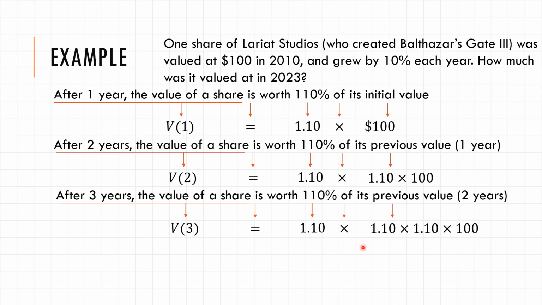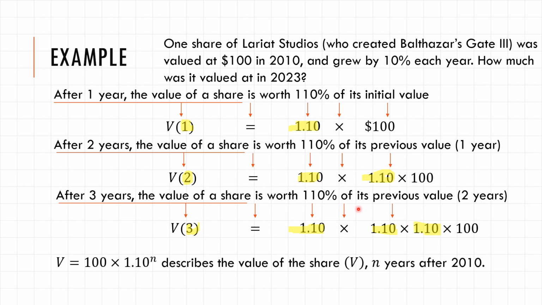In fact, the equation that I would create out of this, notice that after 1 year, I multiplied by 1.10 one time. After 2 years, I multiplied by it 2 times. And after 3 years, I multiplied by 1.10 1, 2, and 3 times.